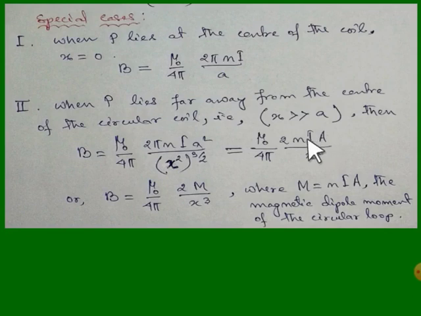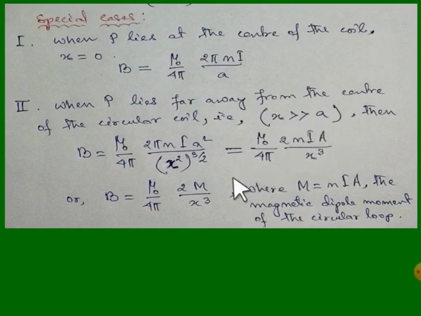And we know that the magnitude of this IA gives you the magnetic moment of a circular coil. If there are n turns, then NIA will give you the total magnetic dipole moment of that circular coil.